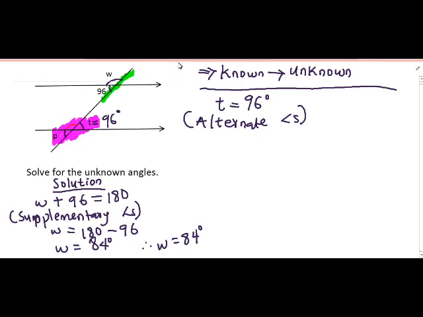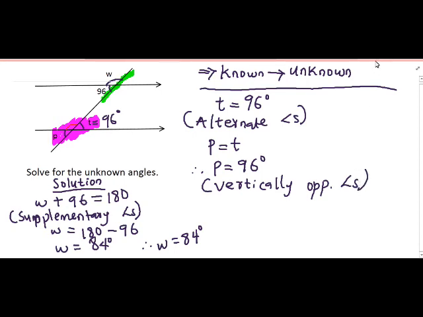So because of that, angle P is equal to T, therefore P is equal to 96 degrees also. And what's the reason for that? They are vertically opposite angles. Wow, that's cool.